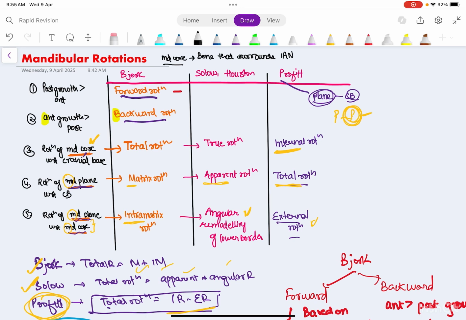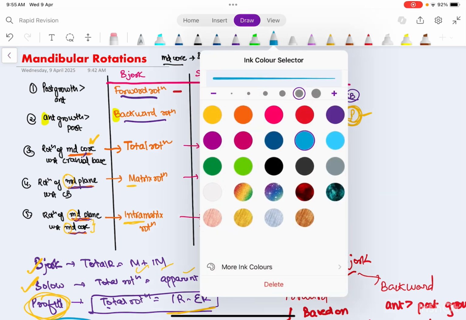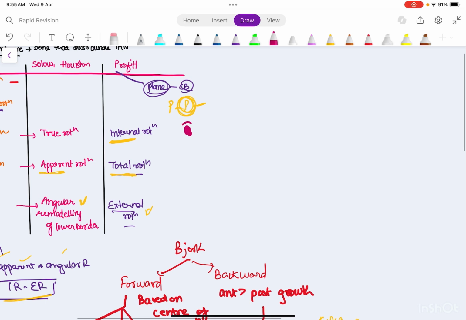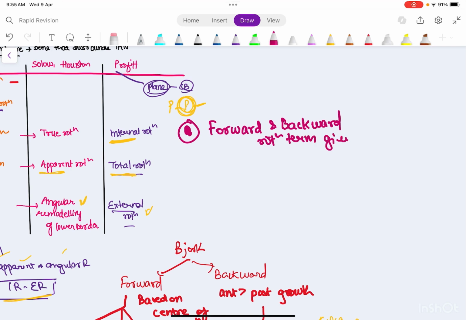And I'll just put some questions so that you can understand if you've got it or not. So you can reply to them in the comments if you want to. If I ask you, forward and backward rotation term given by, just tell me in the comments.